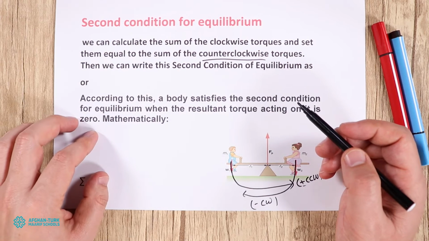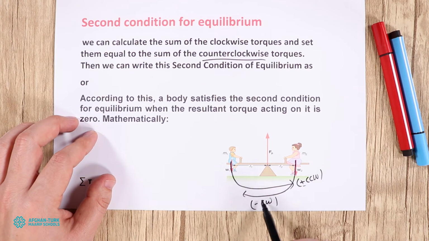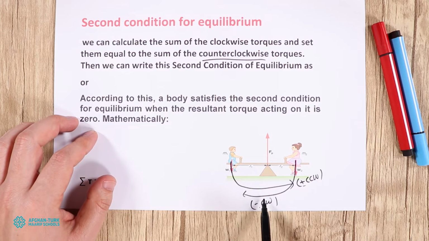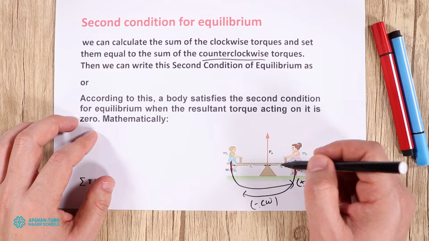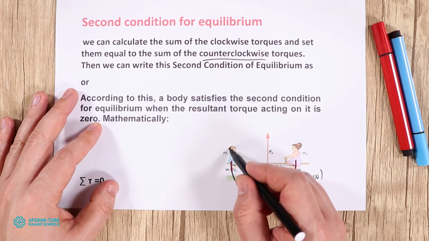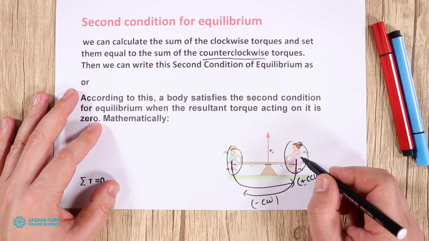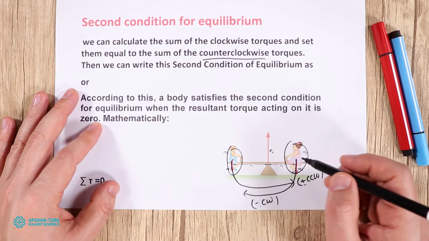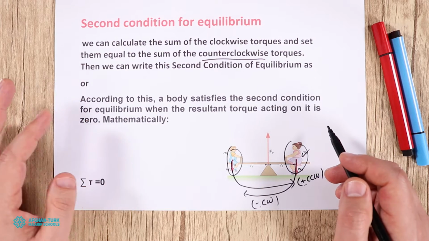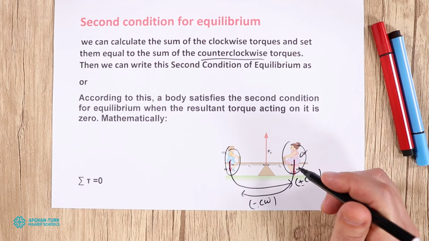When we sum the counterclockwise and the clockwise torque and their sum is equal to 0, we can say that the torque of the boy is balanced with the torque of the girl, so the object is in the second condition of equilibrium.